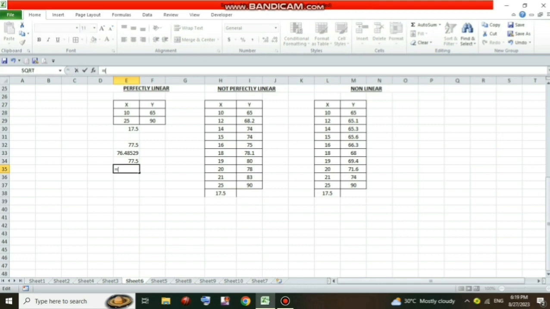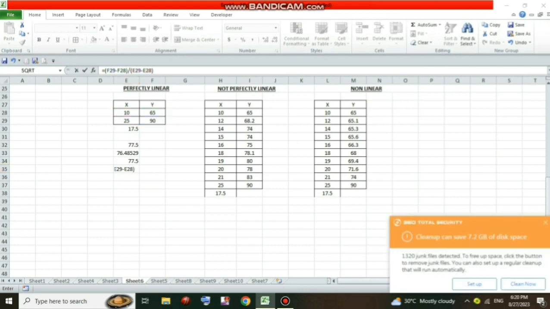You first select y2 minus y1, divided by x2 minus x1. So again open the brackets, x2 minus x1. Then you use this new cell minus this starting cell, the starting x value, which is also very important.